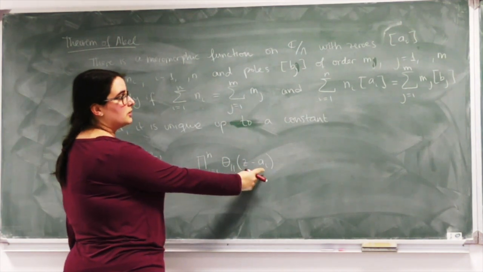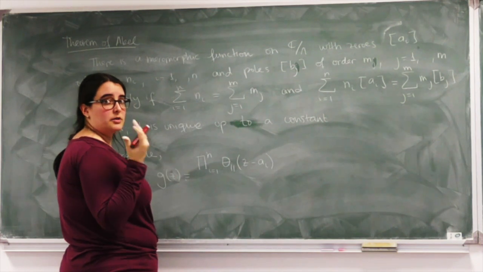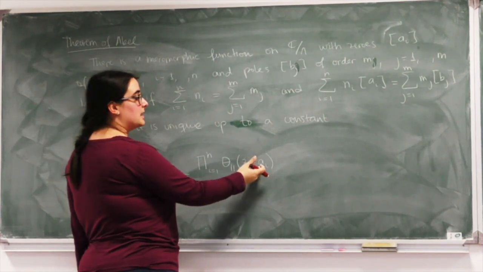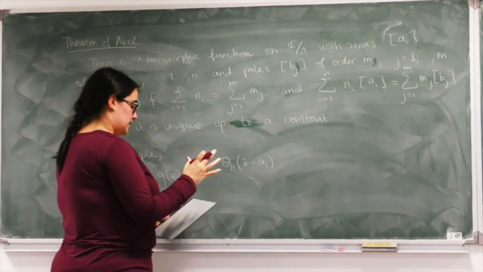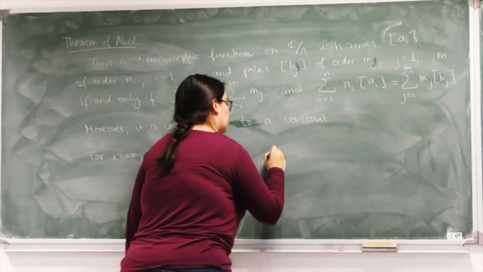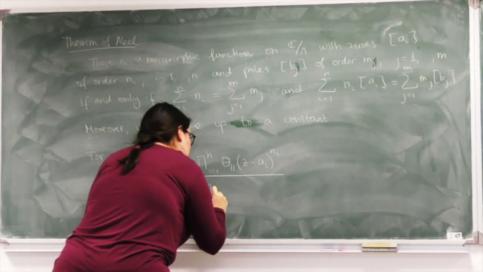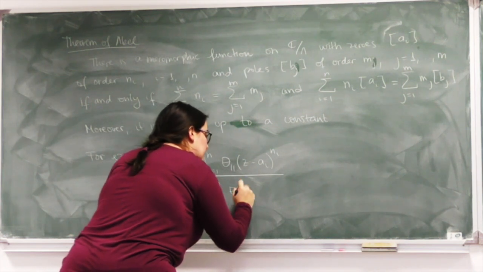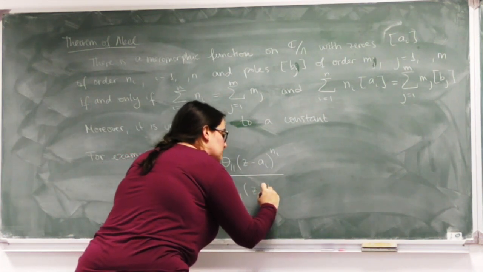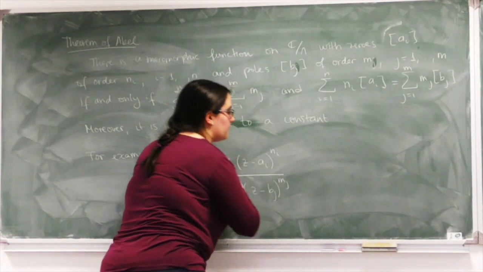Observe that now we are not taking the class anymore, because that would not be well defined because of the quasi-periodicity. Now we are taking one representative. And it's okay as long as we use them consistently. So we have this on the numerator, on the denominator, the product for j equal 1 till m of theta 1, 1 of z minus b_j to the m_j.